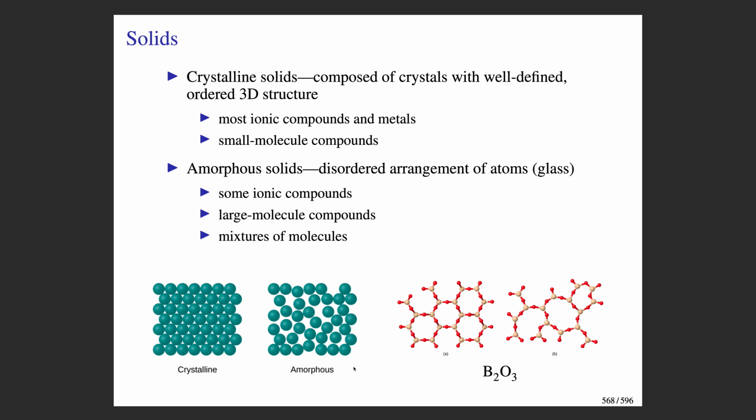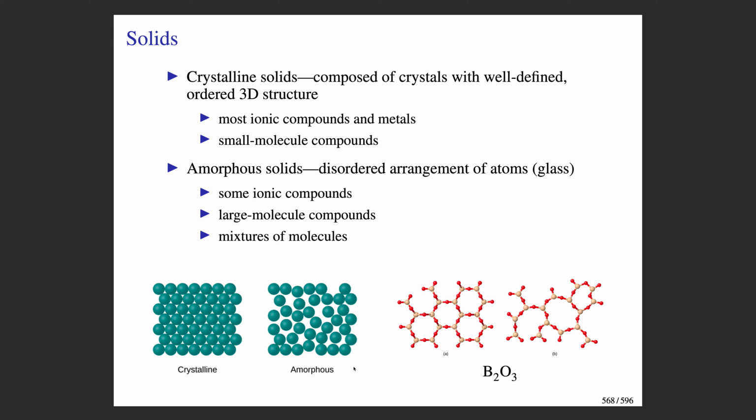Okay, so crystalline solids are composed of crystals that have a well-defined three-dimensional structure. You can think of the atoms if you're talking about an atomic solid, or molecules if you're talking about a molecular solid.